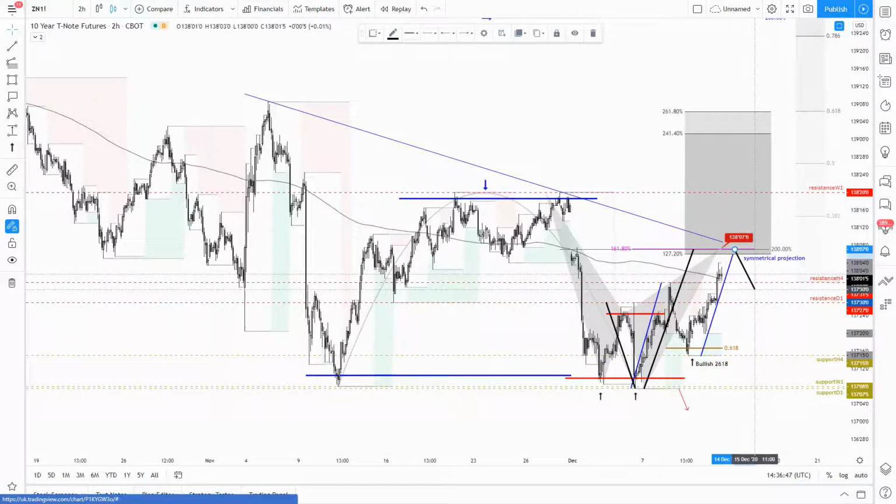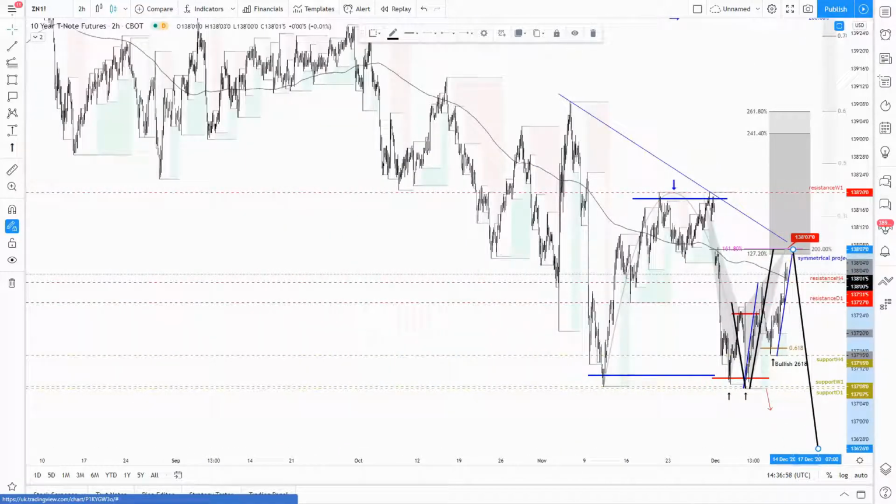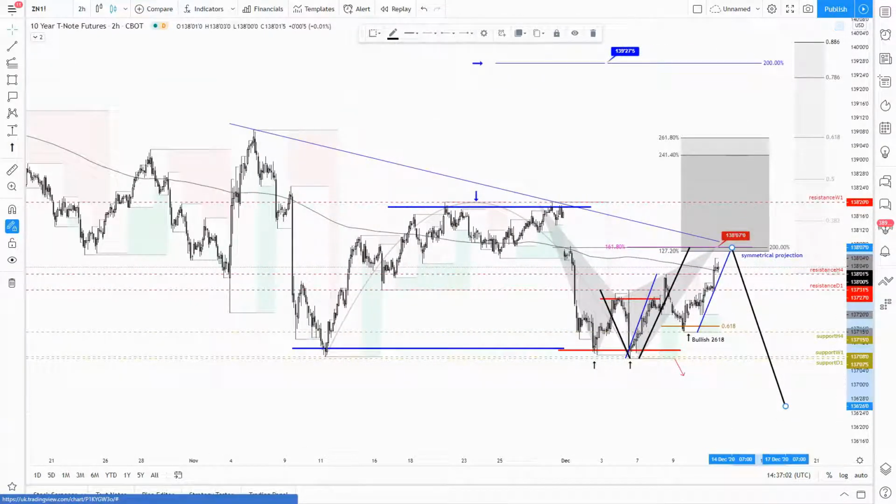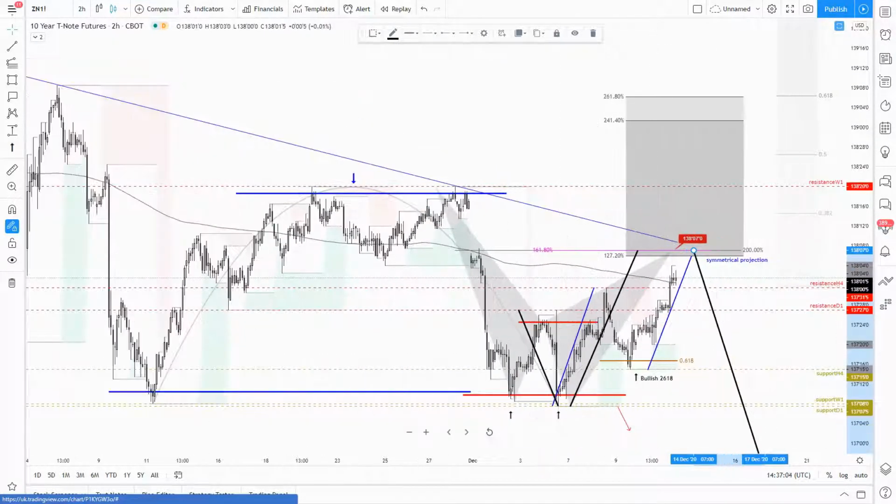It is possible to find a shark pattern and then the price ignores the bullish 5.0 sequence, and that will put you in the direction of a major trend, and we can manage our trade accordingly if that happens.